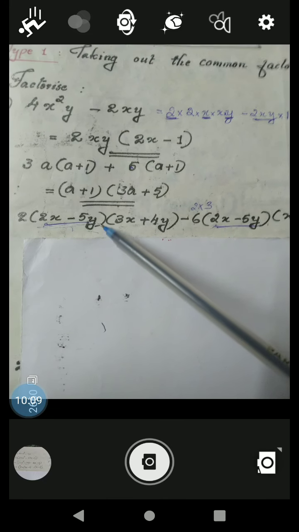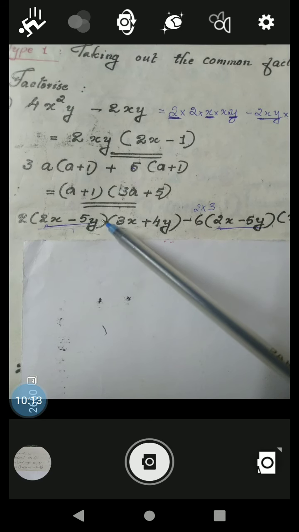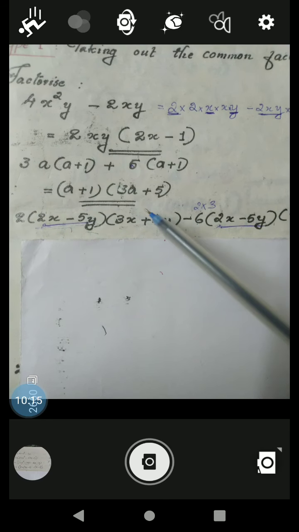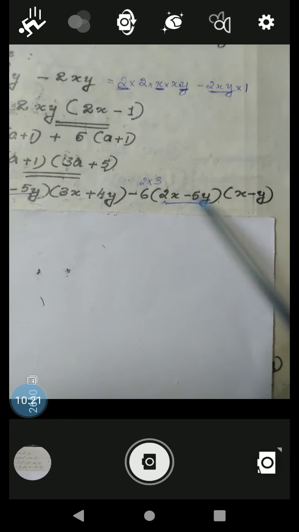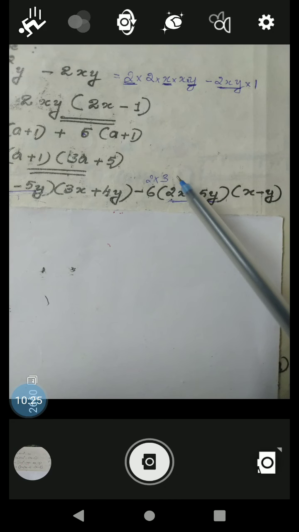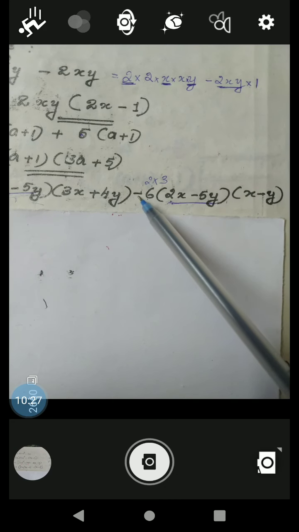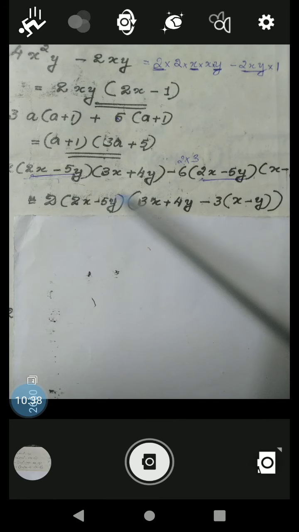When we take 2 into (2x minus 5y) from the first term, the remaining part is 3x plus 4y. When we take 2 into (2x minus 5y) from the second term, the remaining is minus 3 into (x minus y). So, in this way we can take it outside. Look here, 2 into (2x minus 5y) can be taken outside.